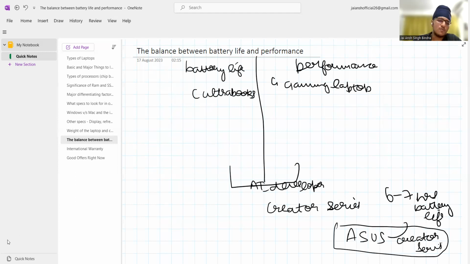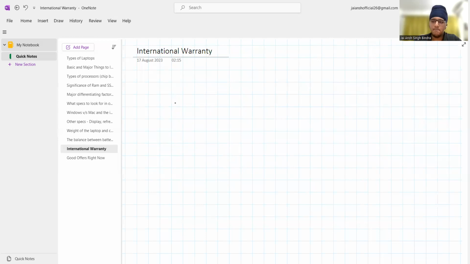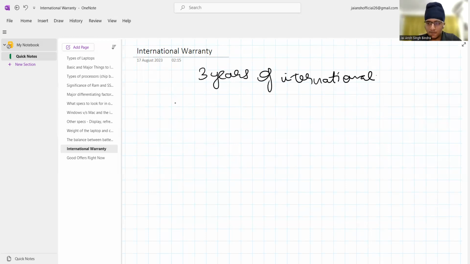So next we are going to be talking about the final things. International warranty. Make sure that your laptop is covered by at least 3 years of international warranty. If you don't get it automatically with your laptop, just purchase it.